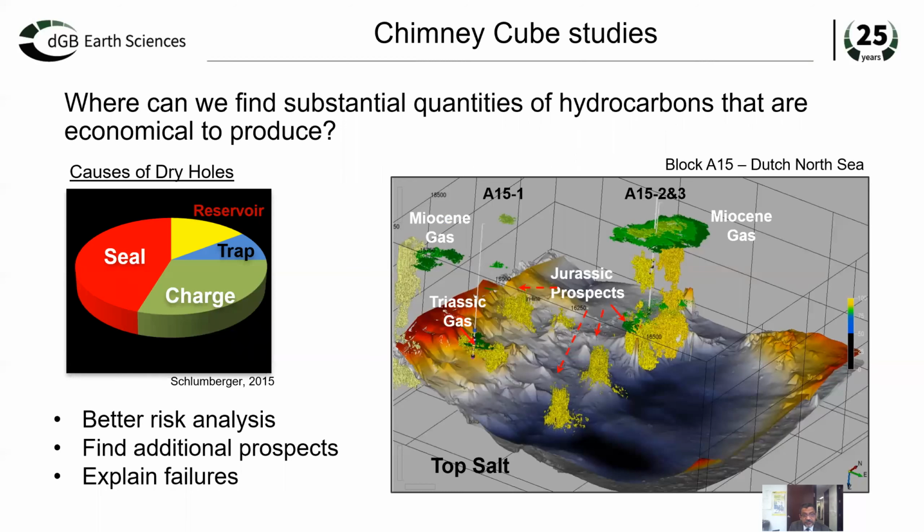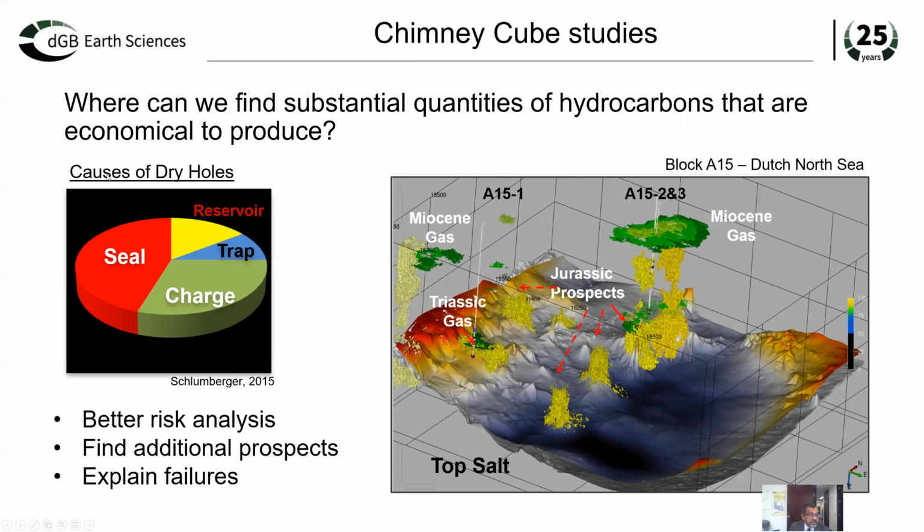You can become a member of this atlas, where you can see all the examples where DGB and others have worked. Worldwide, there are more than 50 examples in different basins, and you can relate them to the production.